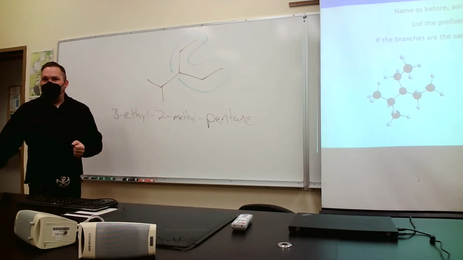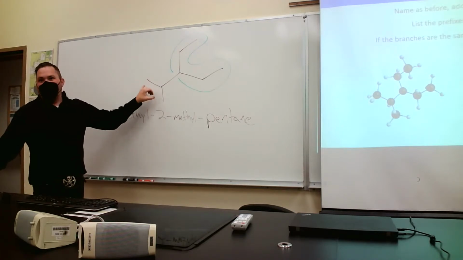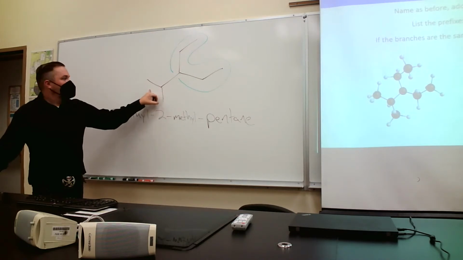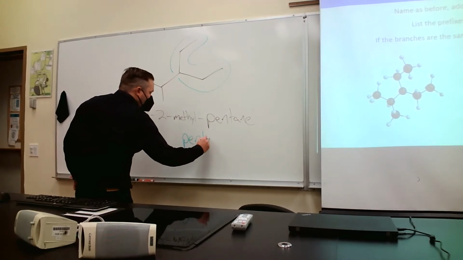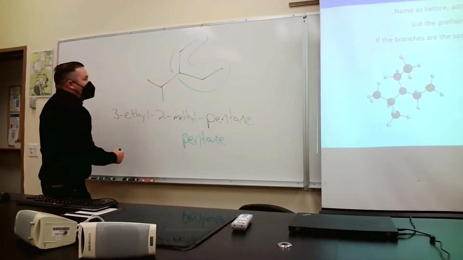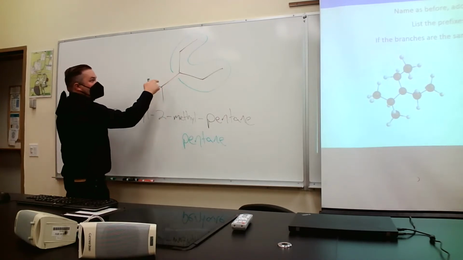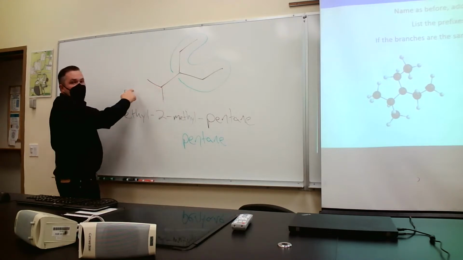That's not the IUPAC way to do it anymore. The way you would name it is, if you have a branch within a branch, use parentheses, like you do in math. So this would still be pentane. Now the longest continuous carbon chain that starts off of the main chain is 1, 2.